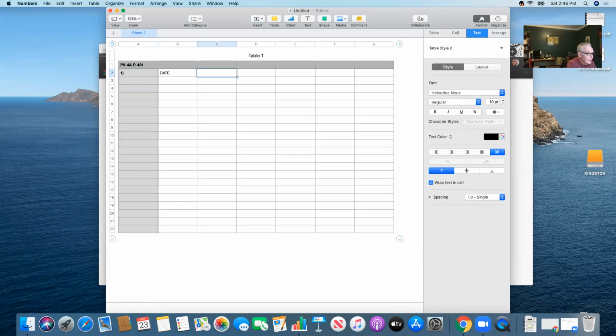So we have a column for date, a column for account titles and explanation, a column for debit, and a column for credit. The bonds were sold January 1st, 2021.